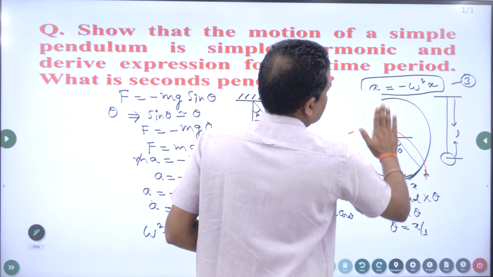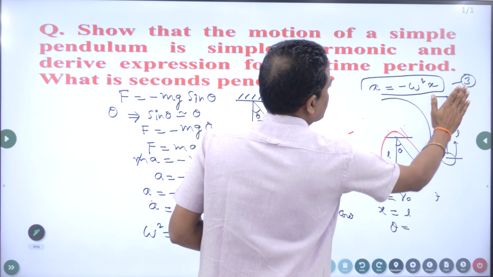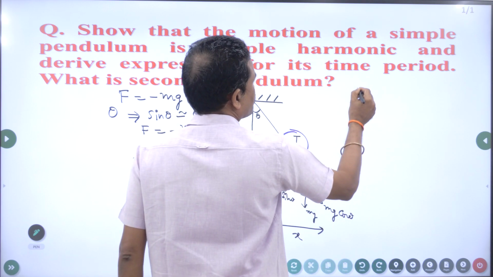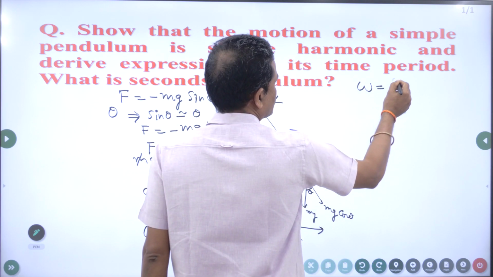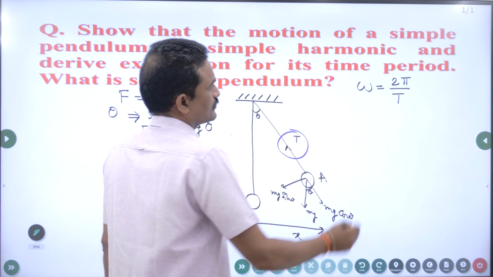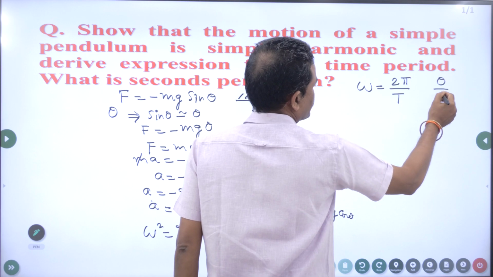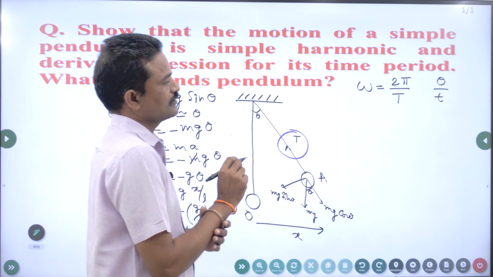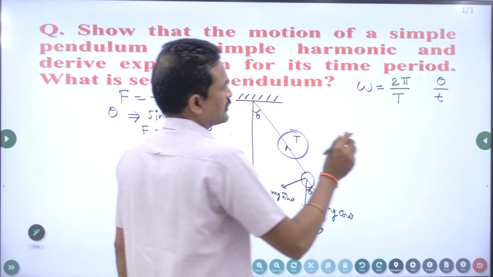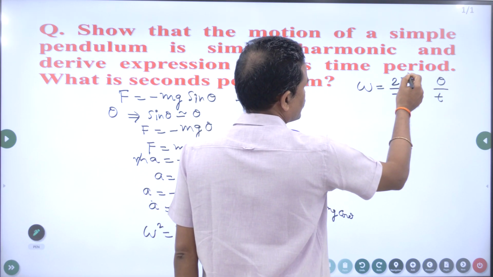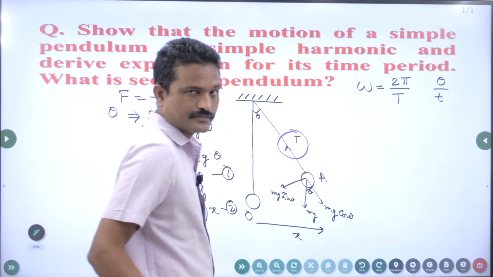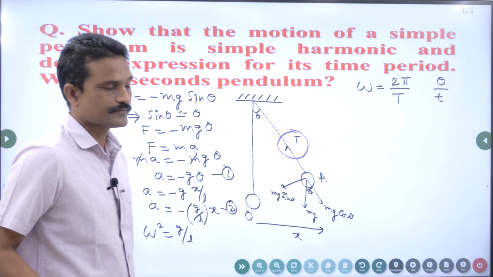Omega is called angular velocity. It is given by omega is equal to 2 pi by T. Omega's actual definition is theta by t, that we discussed in the previous lecture. For one rotation, the angle will be 360 degrees, and for one rotation we take the time period. So omega is equal to 2 pi by T.